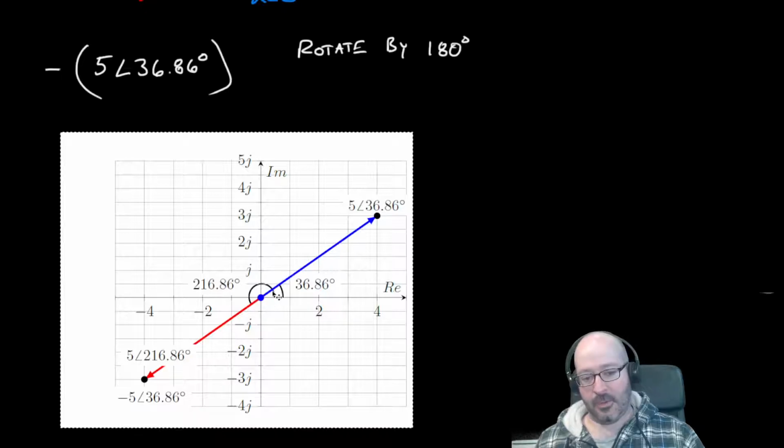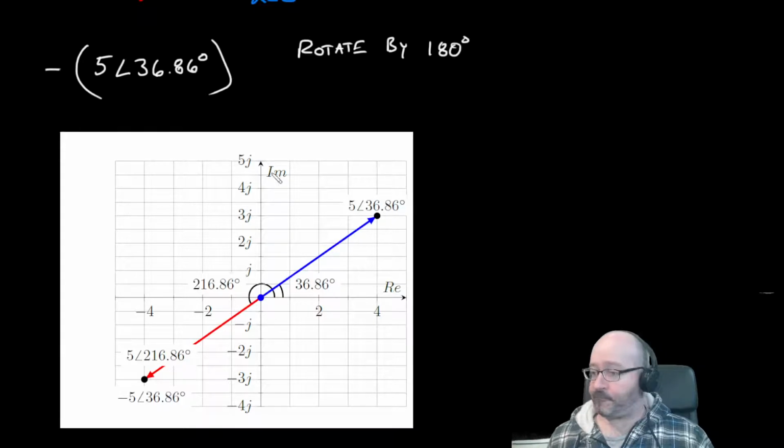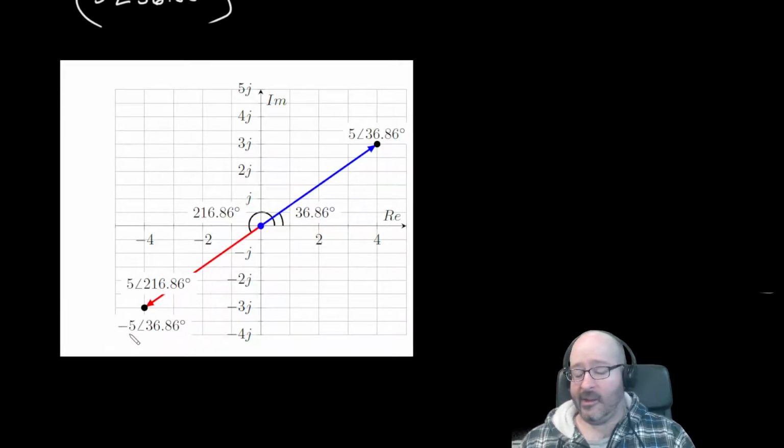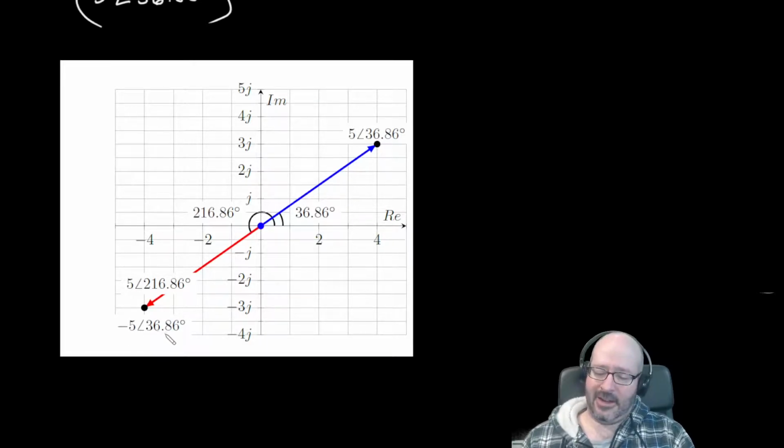So we move around 180 degrees, and then we take 5 steps, and we end up at this point. We can do that in a couple of ways. We could correctly say that it's negative 5 at an angle of 36.86, right? So face this direction and then take 5 steps backwards, and you end up at that point.